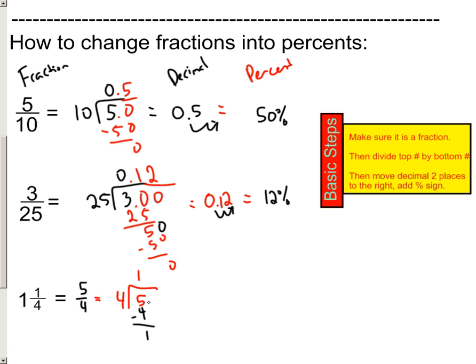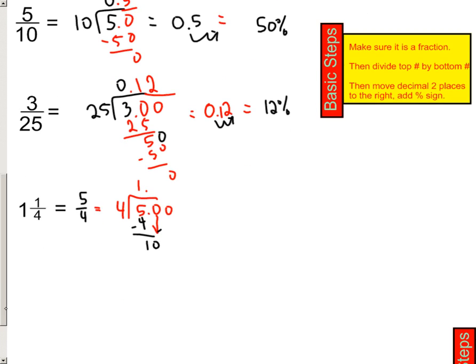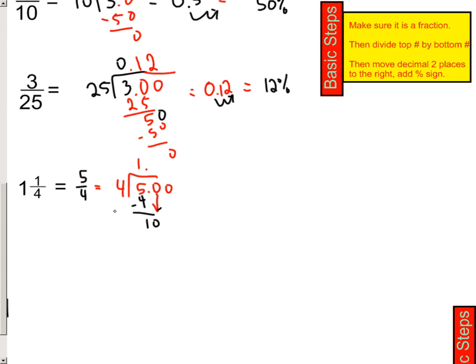Since we've got 1 left over, we need to add a decimal. Put that right up top, add in some zeros, and let's see what happens here. If we pull our 0 down, 4 goes into 10 2 times. So 4 times 2 is 8, and we've got 2 left over.